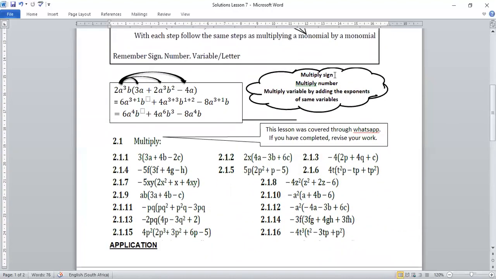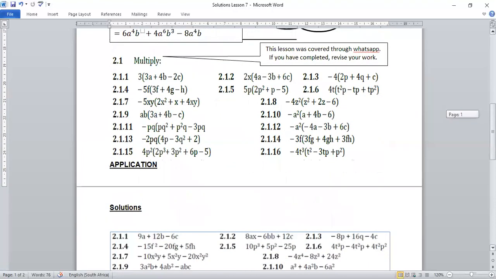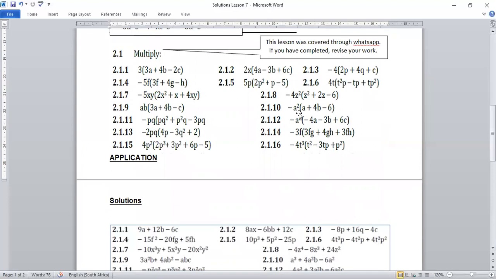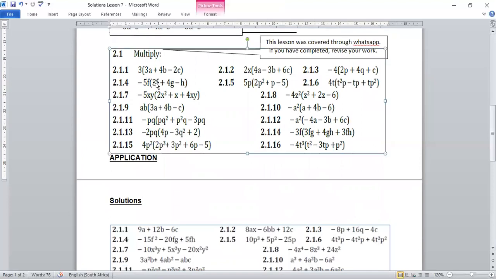As mentioned in previous lessons, you first multiply the sign, you then multiply the number, taking account of the different signs, very important. In lesson 7, you were given these questions from 1 to 16.